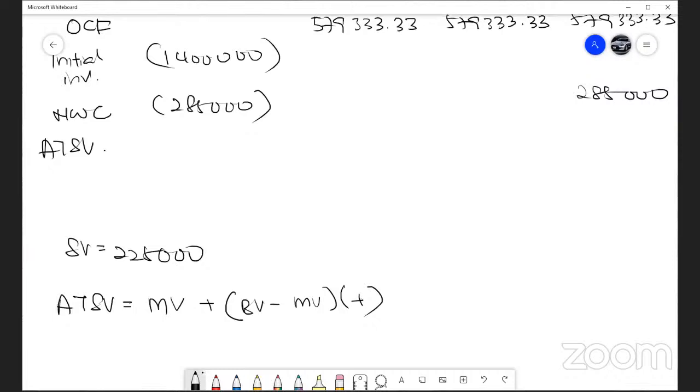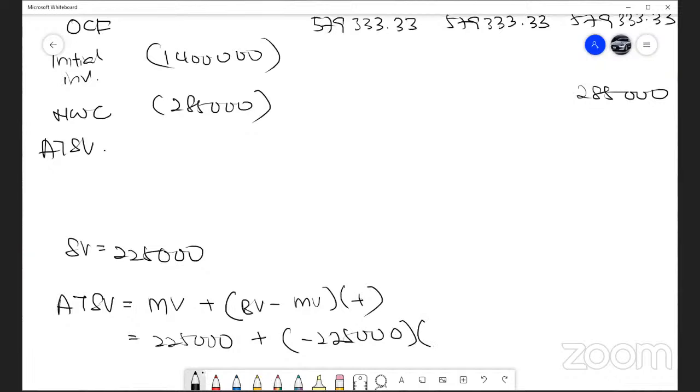So in this case, market value is $225,000 plus, book value is 0, 0 minus market value is negative 225,000, times tax.